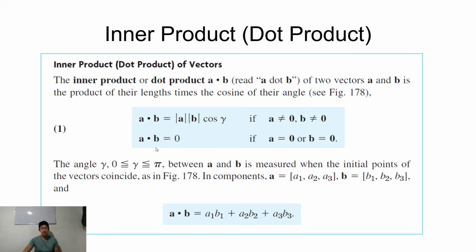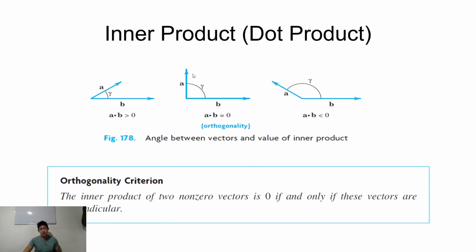The dot product becomes zero when the angle is 90 degrees. That means if your vectors are perpendicular, the dot product is 0, and we call them orthogonal vectors. So if you want to know whether two vectors are orthogonal, you take their dot product.